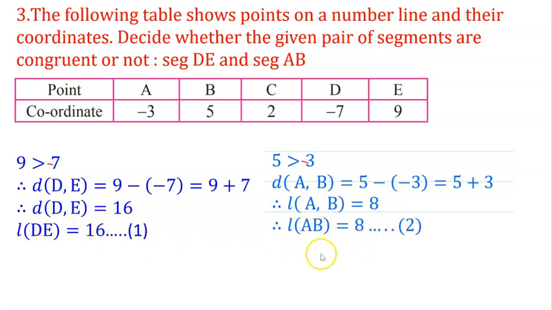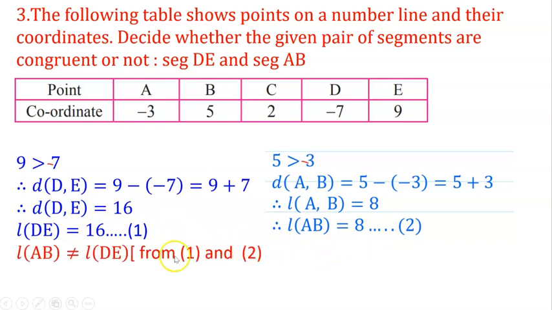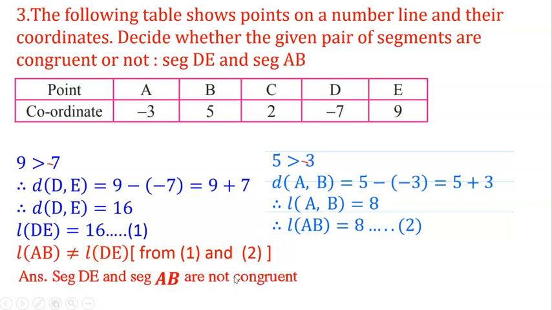Now these two lengths are different and hence these two segments are not congruent. Length of AB is not equal to length of DE, and hence finally the answer: segment DE and segment AB are not congruent as their lengths are not equal.